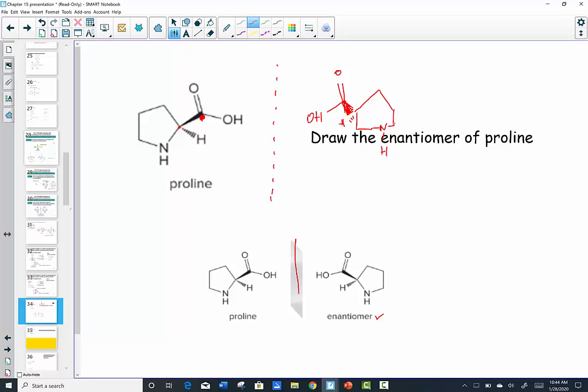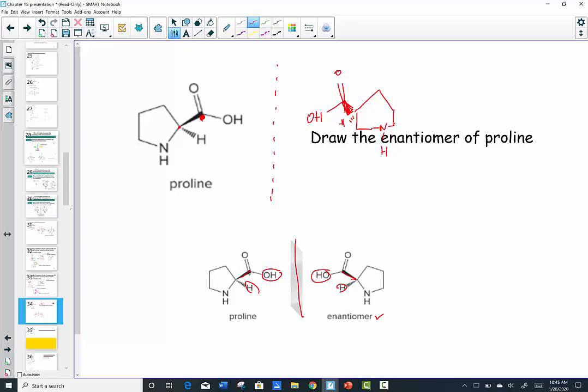Put a mirror here and draw its reflection. Since the hydroxyl group is closest to the mirror on the left, the hydroxyl group is still closest to the mirror on the right. We still had the kind of thinking about that symmetry there. Here's the wedge coming out here. Hydrogen still as a dash, and the NH group showing that reflection.